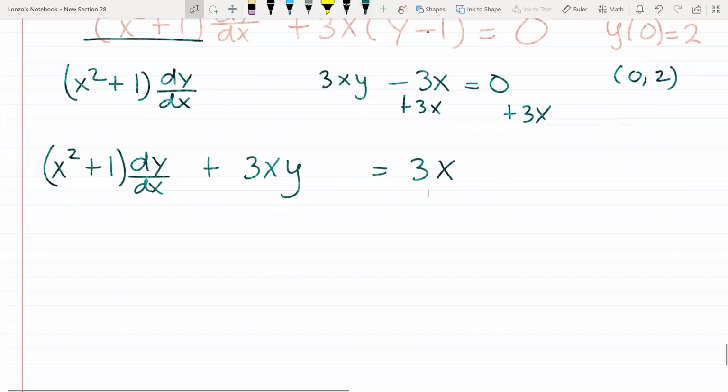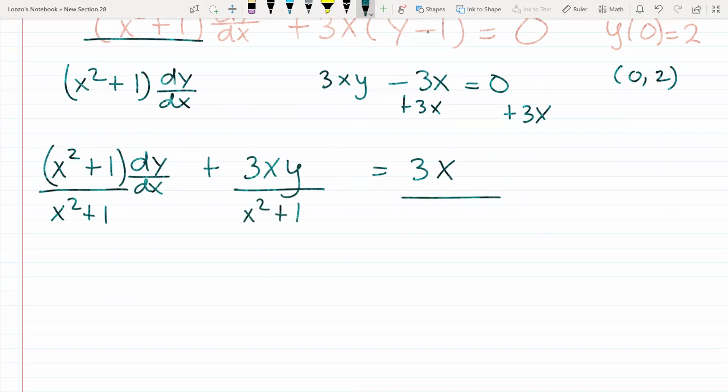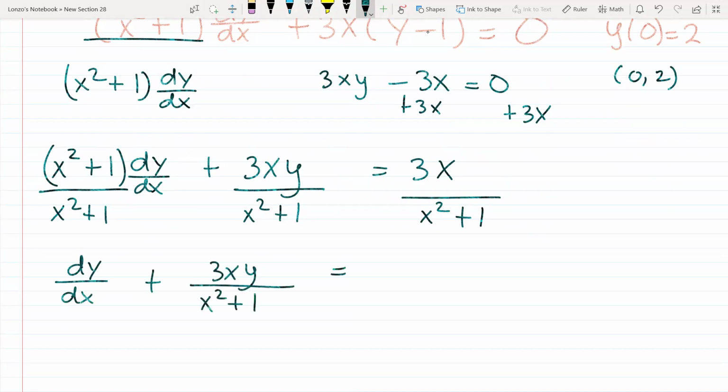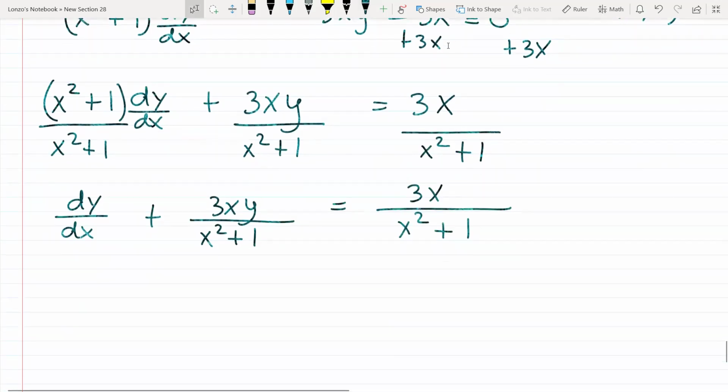Okay, then I would get rid of this x squared plus 1 by dividing everything by x squared plus 1. Okay, so now this cancels, you're left with dy/dx plus 3xy over x squared plus 1, and then this is 3x over x squared plus 1, right? Okay, now we have it in standard form.